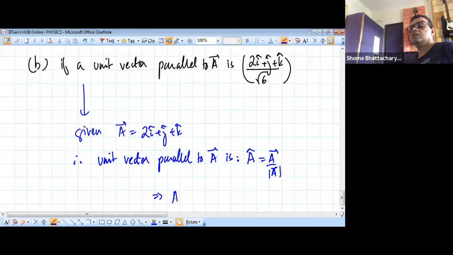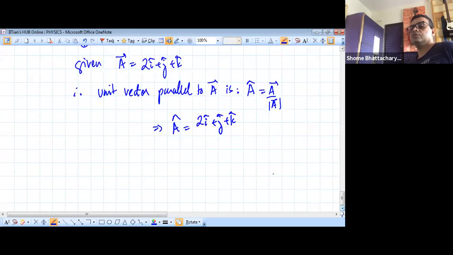So E cap should be equal to the vector E, which is 2i plus j plus k divided by its own magnitude.